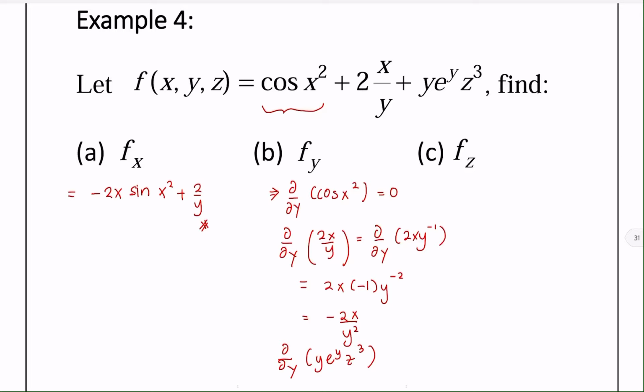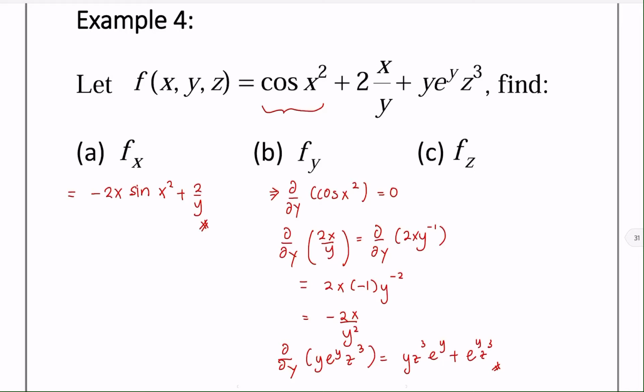If you remember, we differentiate: e to the y remains and z cubed remains, differentiating e to the y gives e to the y, plus e to the y remains, z cubed remains, differentiating y obtains 1.